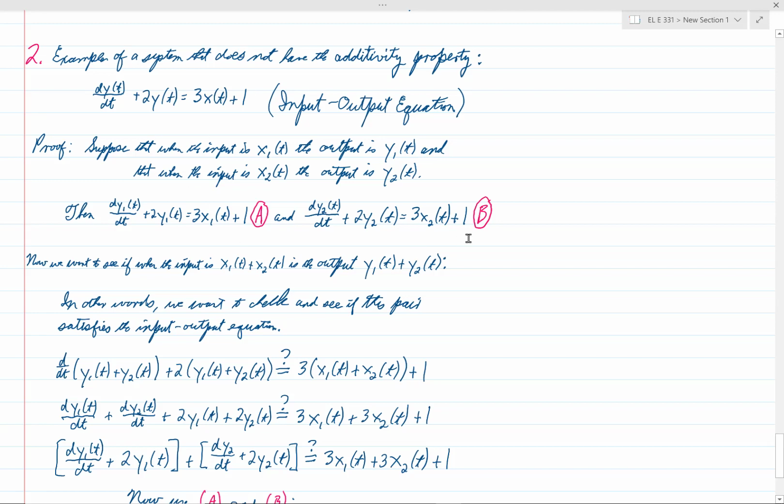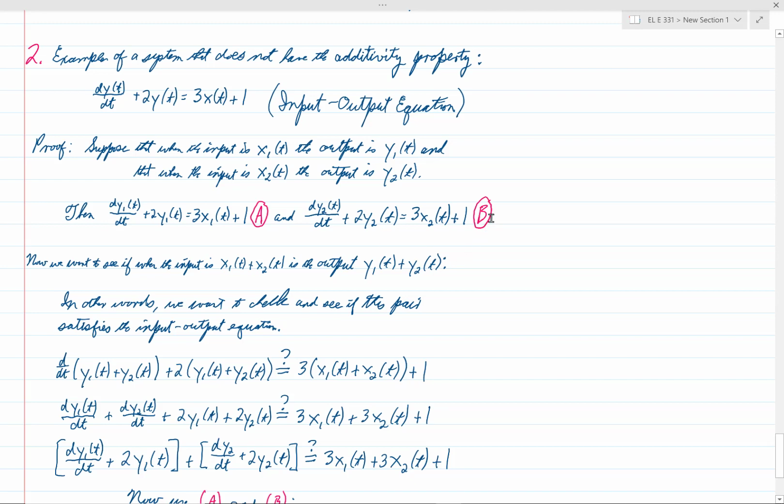And so again, when you're checking additivity, you assume that you have 2 input-output pairs that work, x1, y1, and x2, y2. So you get your 2 equations. When you plug in x1, y1 into the input-output equation, you'll get dy1 dt plus 2y1 equals 3x1 plus 1. And when you plug in x2, y2, you get this second equation, which I've labeled B.